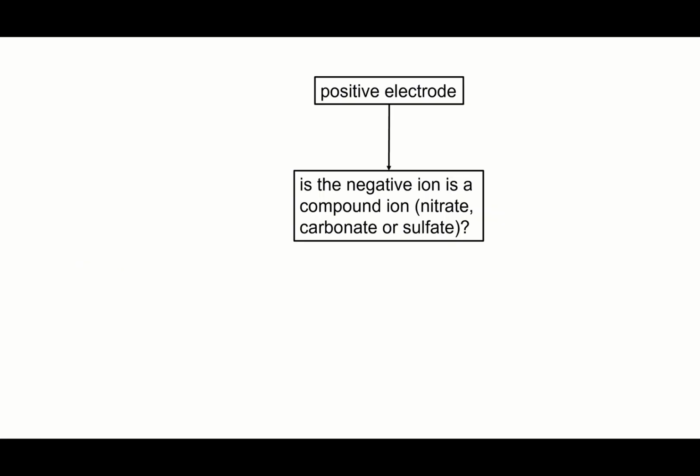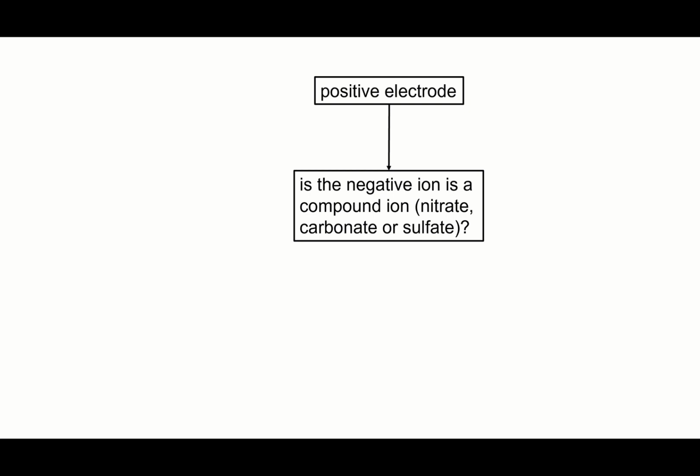So this is the strategy that we're going to use. You need to remember a flowchart. If you are asked about the positive electrode, what is the half equation at the positive electrode? The question you need to ask yourself is: is the negative ion a compound ion?